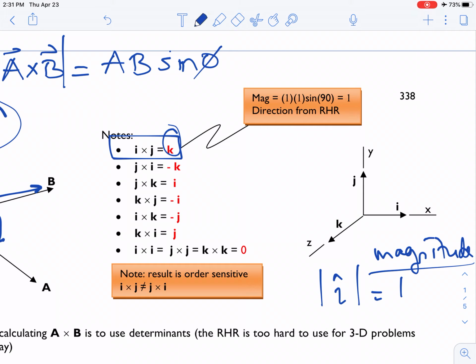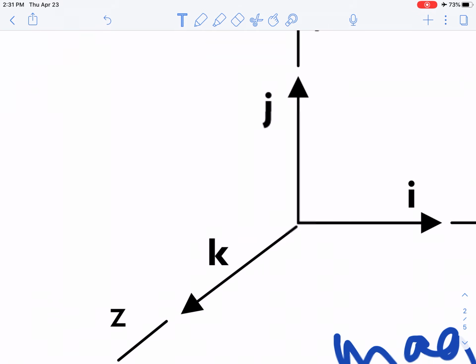Let's look at j cross i hat. You can see that it's like A cross B versus B cross A. You just switch those, and it will result in a negative sign. Because now you are putting your forefingers along j hat, and curling your forefingers towards the X direction. If you draw this, this is your right hand again.